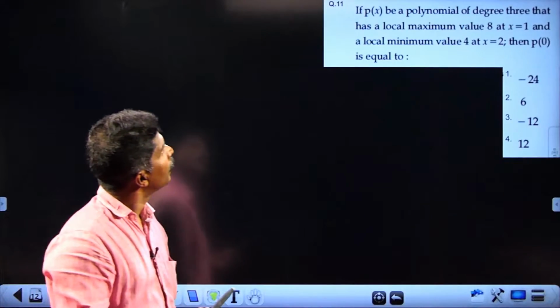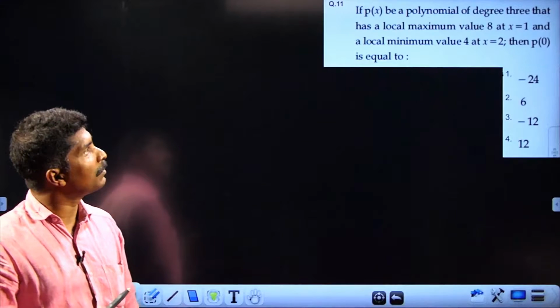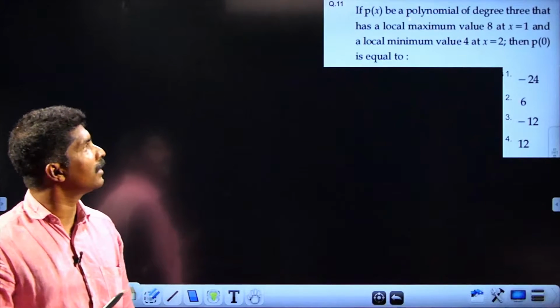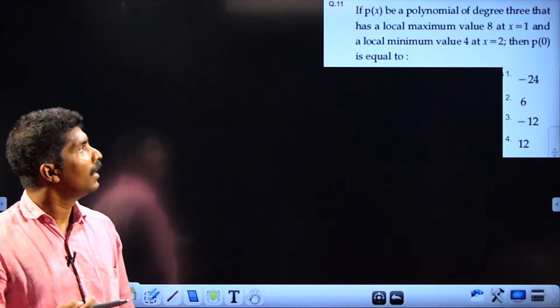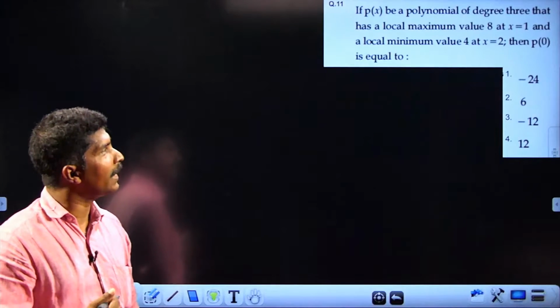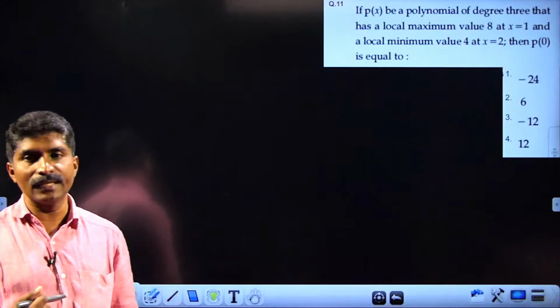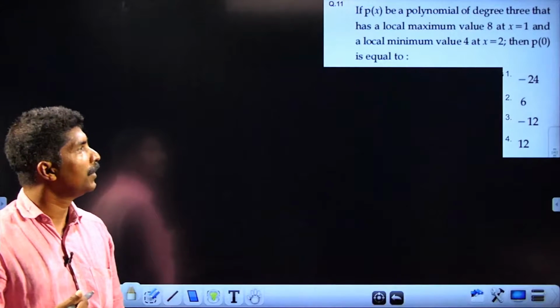Question number 11. P of x is a polynomial of degree 3 and has a local maximum value 8 at x equal to 1 and a local minimum value 4 at x equal to 2. Then P of 0 is equal to?